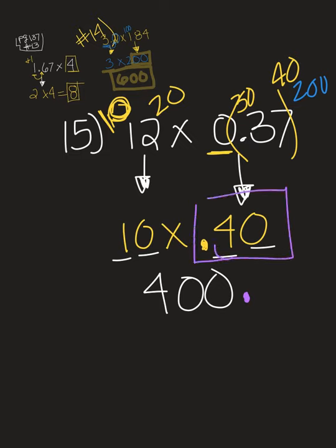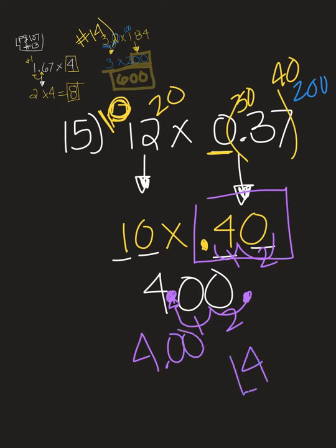So we count the decimal places, 1, 2. There's 2 of them. So we take the decimal and make the number smaller by going 2 decimal places to the left. 1, 2, and we drop it right there. So it ends up being 4 and no tenths and no hundredths, or we could just simply write it as the whole number 4.